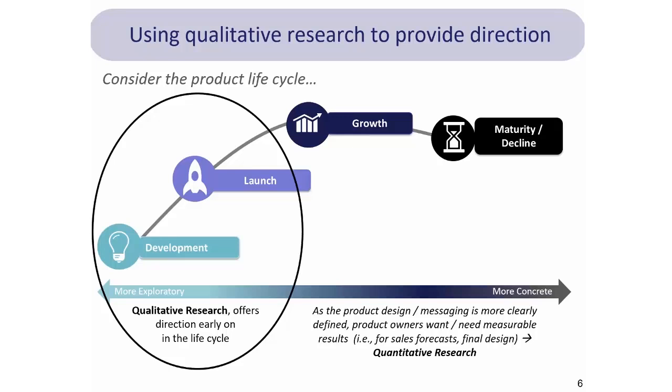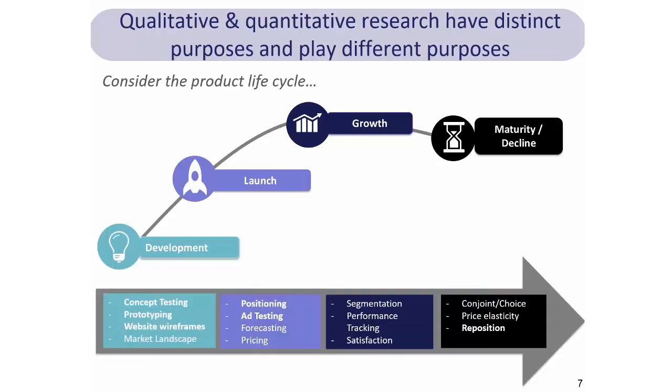So that's where they start looking at more quantitative methodologies that are looking at the percentage of people who like certain things, or very specific results related to product feature sets, for example. So let's look at, I'm going to keep this product life cycle up, but I'm going to put it in context of some different kinds of research that you might do at different points in the product life cycle. This is by no means exhaustive, but just to give you an idea.